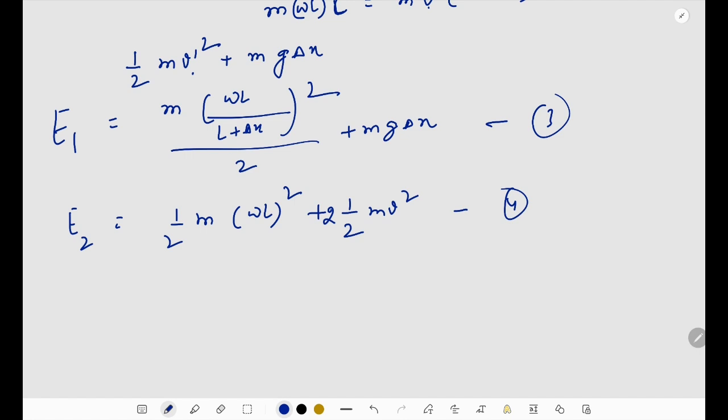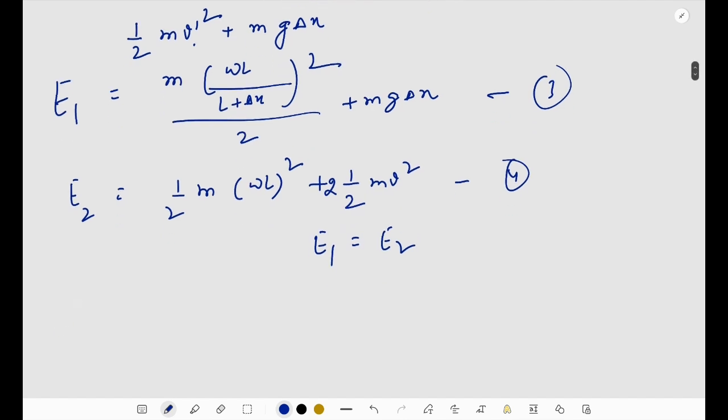So that means we need to write down the equation of conservation of mechanical energy, and that will be simply E1 equals E2. So m will get cancelled out, and this will become simply 2v square.